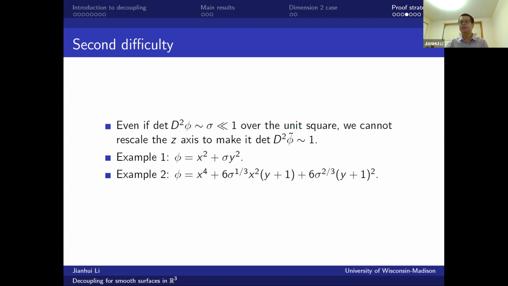And there can be harder examples like example 2. In this example, you compute it, and you find it is roughly sigma over the unit square as well. And you cannot do any rescaling directly on the ZS's. You already utilized the dyadic decomposition. So what can we do?